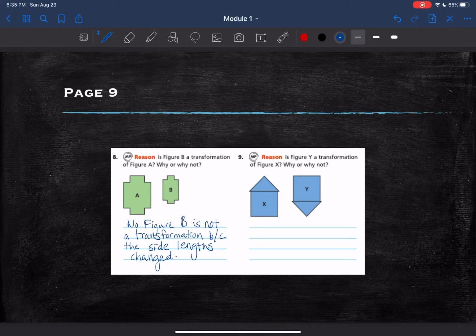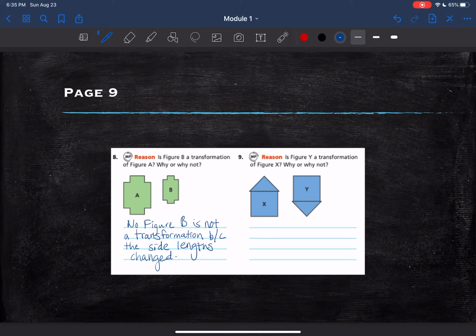Then if we look at 9, is figure Y a transformation of figure X? Why or why not? All right, parallel lines are all still parallel. Angle measures appear to be the same, and side lengths appear to be the same. So we can say that just the orientation changed.